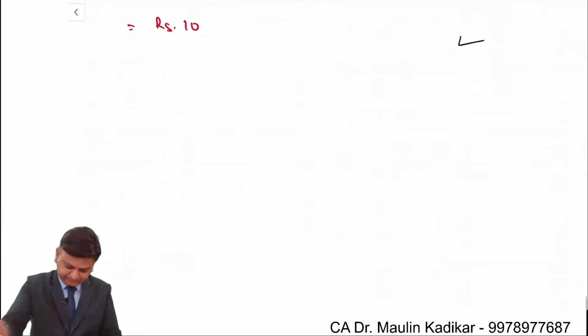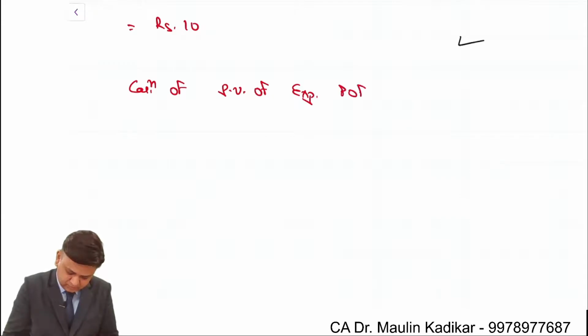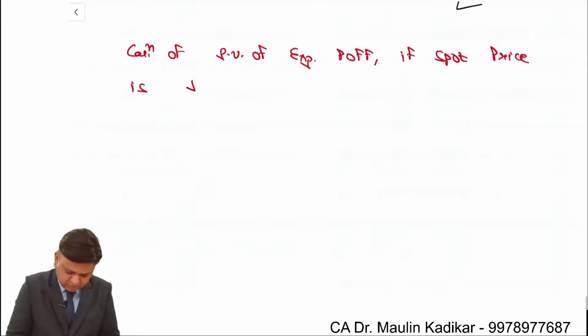Next, calculation of the present value of expected payoff, if the spot price is rupees 95 after 1 year.